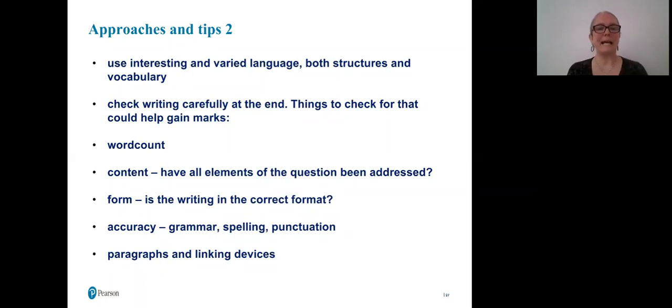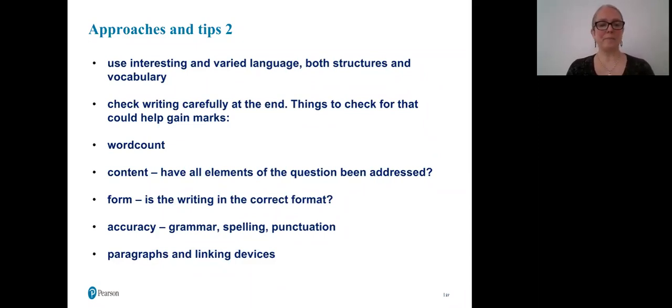And the things, again, to look for that could have an impact on marks are the overall word count, the content, have all elements of the question been addressed, form, is the writing in the correct format, is it accurate, check the grammar, the spelling, the punctuation, and check for paragraph usage and appropriate use of linking devices, remembering that the double slash can indicate paragraphs if they've been forgotten.